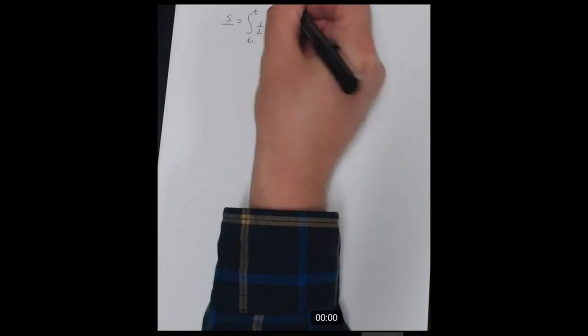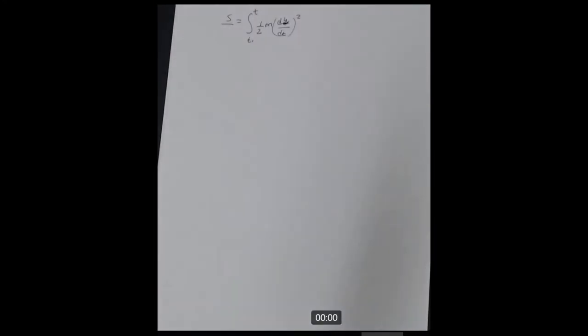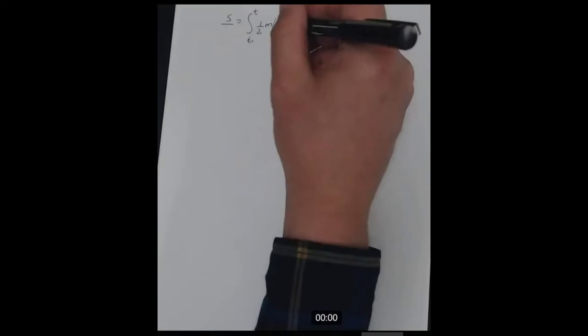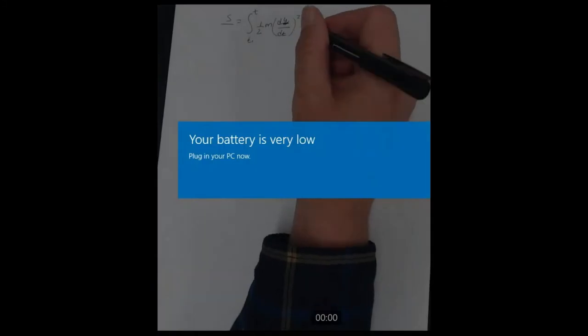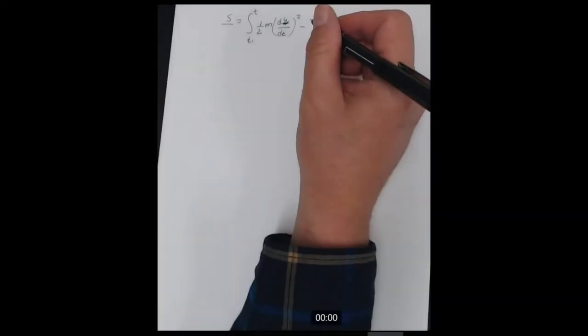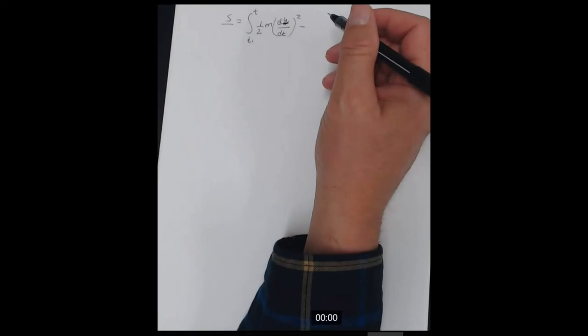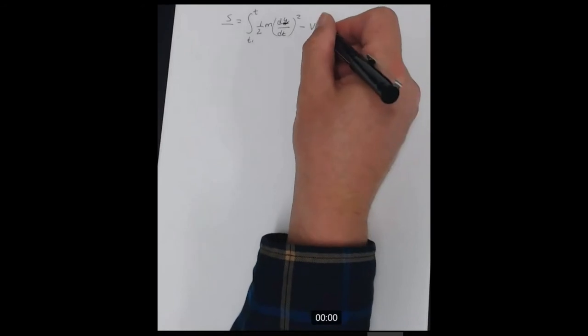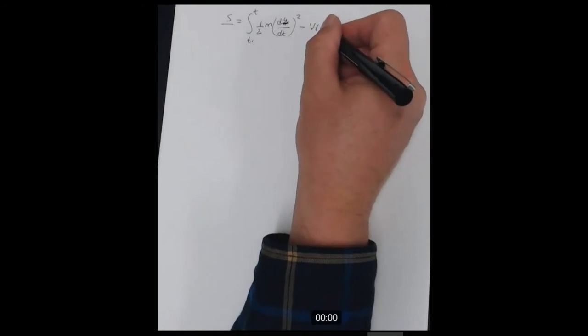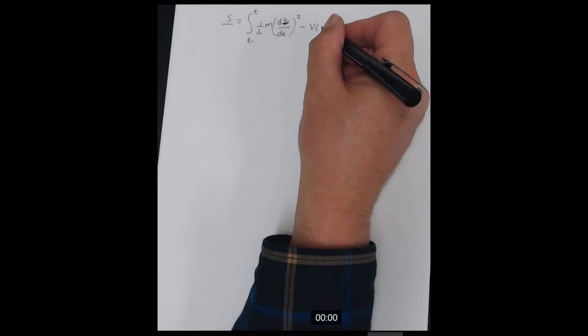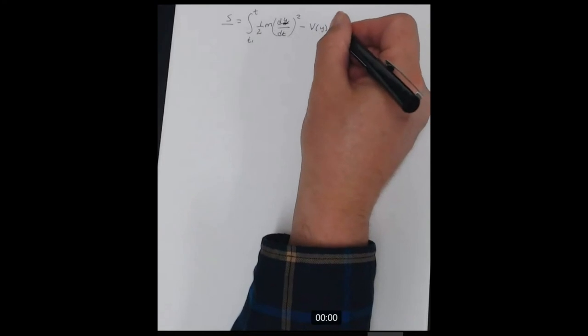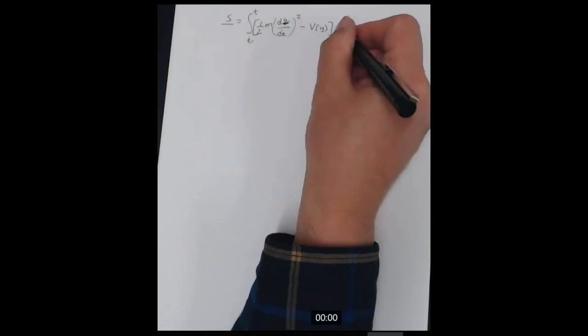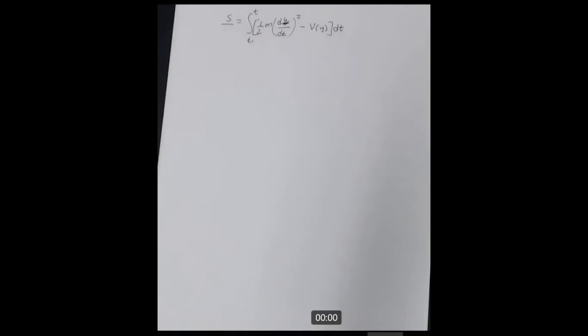I'm just going to leave out the alpha and write n of t. Minus the potential energy, I'll just write that as v of, now that's usually a function of position.